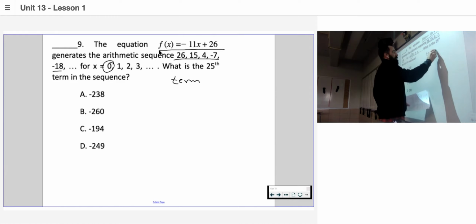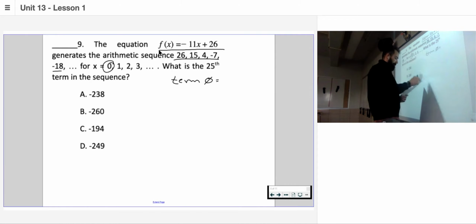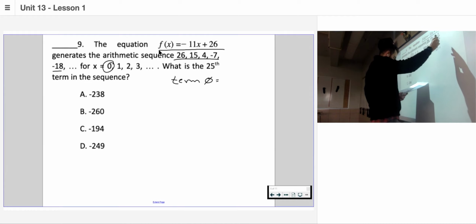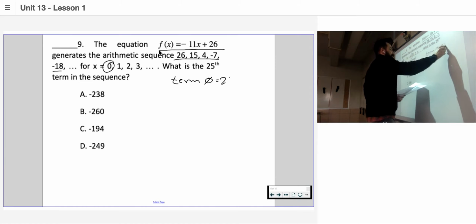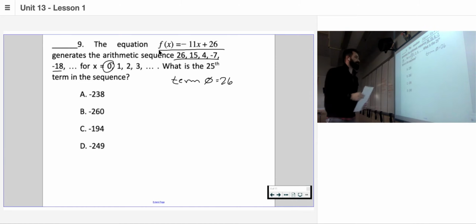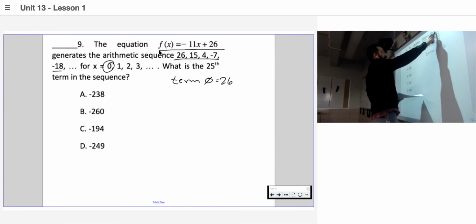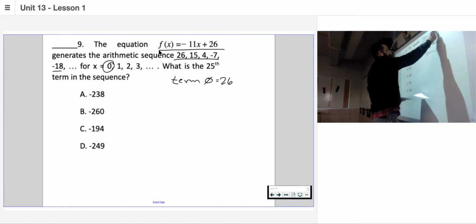We don't know if it's arithmetic or geometric yet, so we can't say if it's b or a. We're either looking for y equals mx plus b or a times b to the x power. Well, we want to have term 0 as 26, which is here.